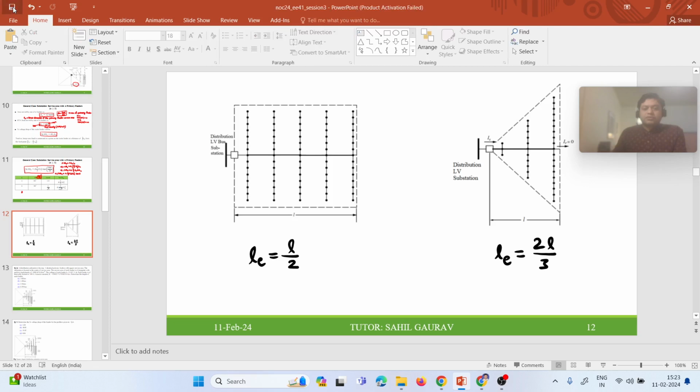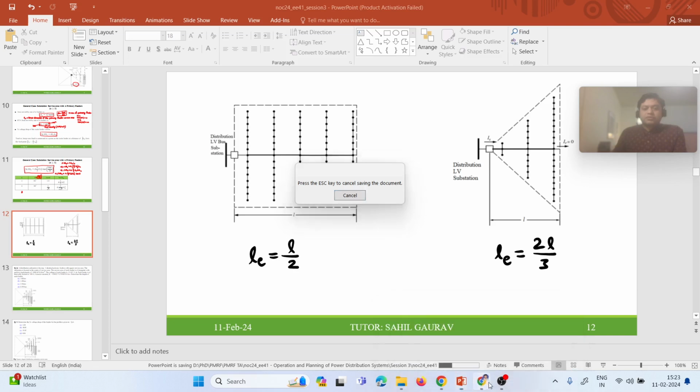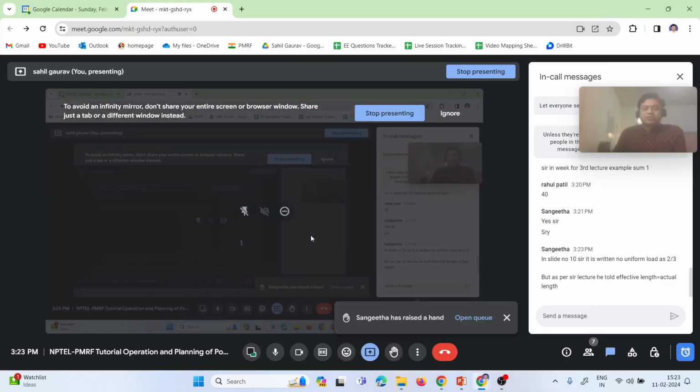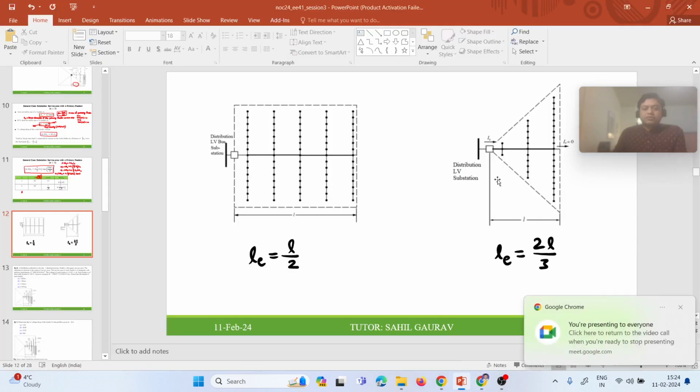Did you get my point, Sangeeta? In slide number 10, sir, it is written non-uniform load as 2 by third. Yeah, that I am reading. But as per sir's lecture, he told effective length equal to actual length. Yes. For non-uniform load, meaning this case having triangular service area, then effective length will be 2 by third of L. And for uniform load, effective length will be L divided by 2.